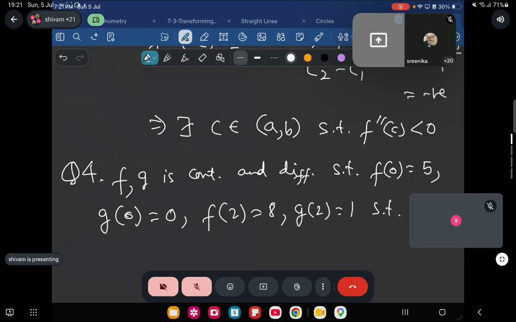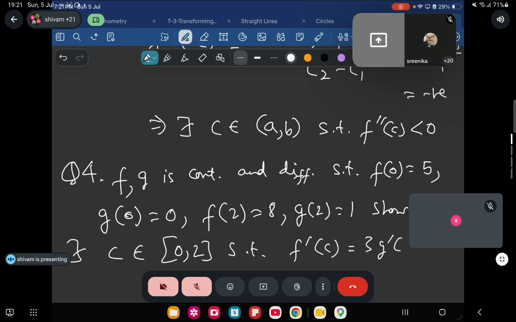Show that there exists some c belongs to the closed interval [0, 2] such that f dash c is equal to 3 g dash c. Solve.